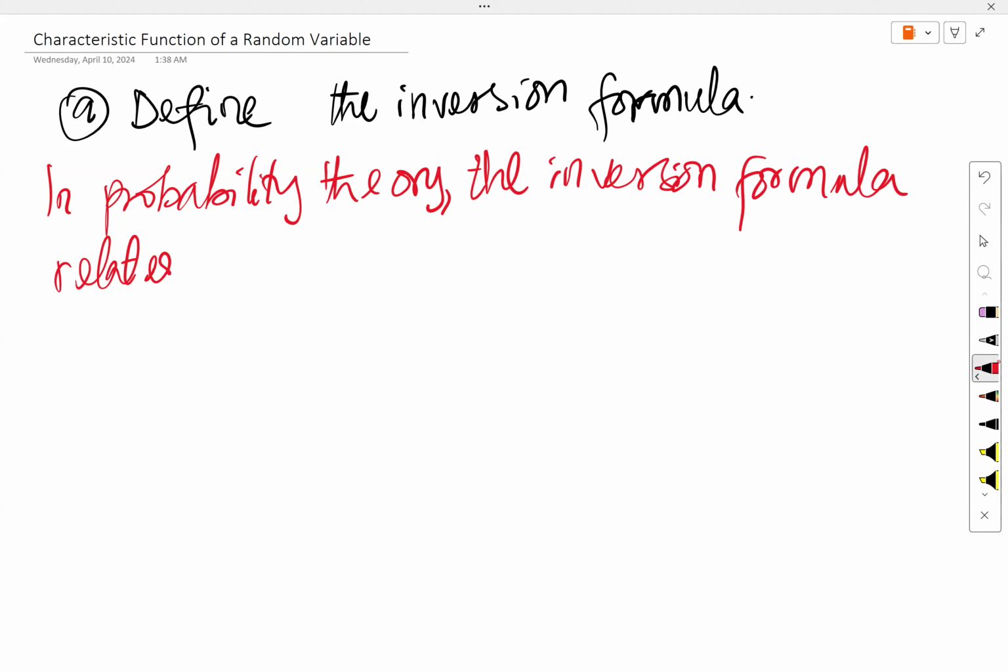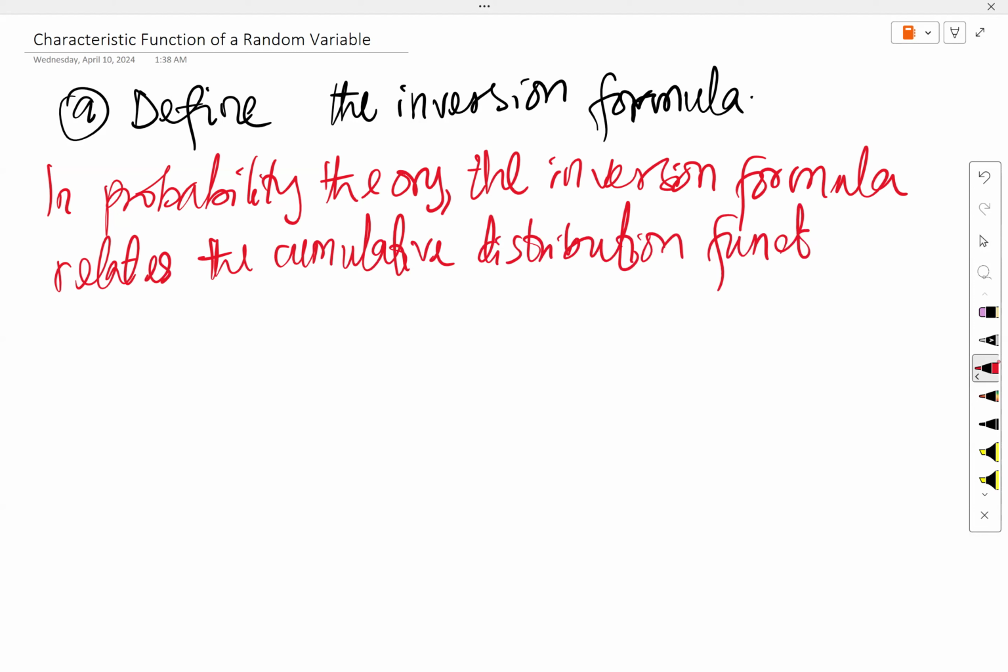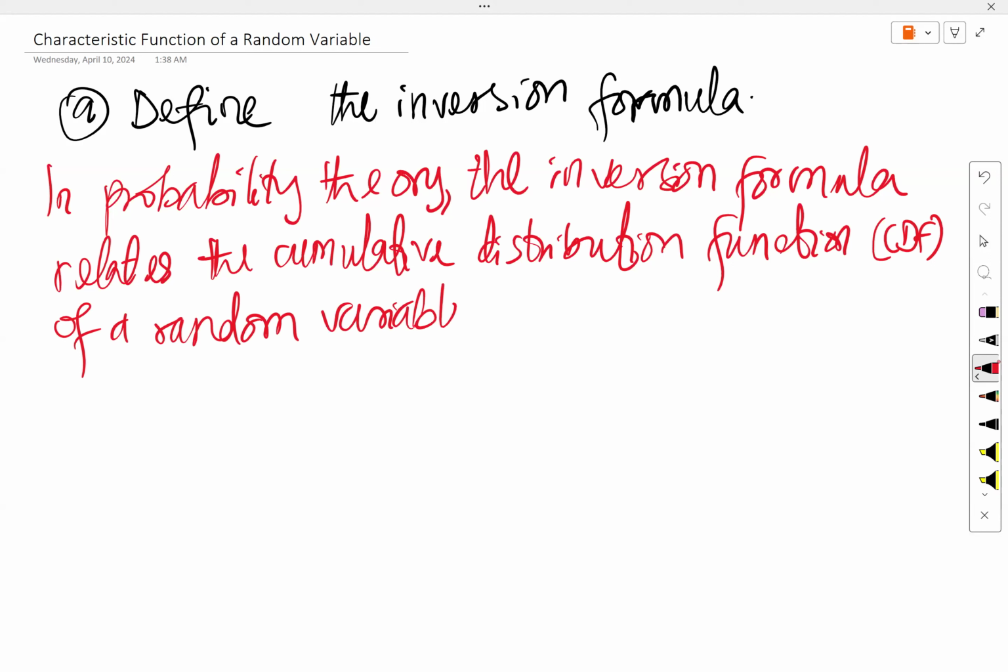relates the cumulative distribution function, that's the CDF, of a random variable, to its characteristic function.